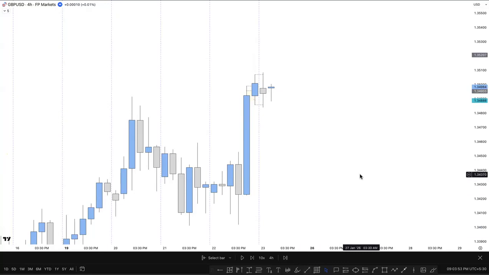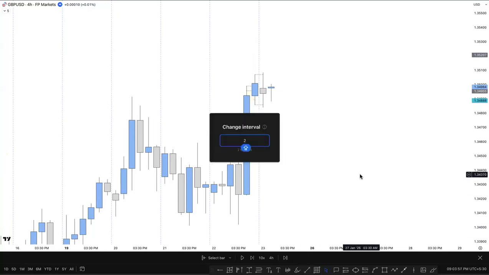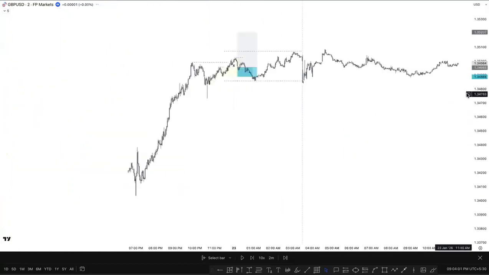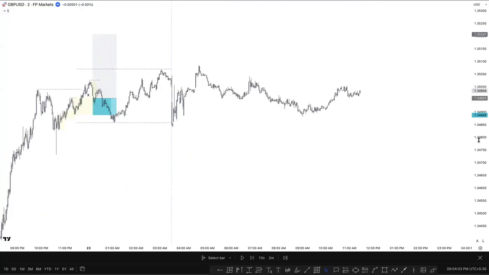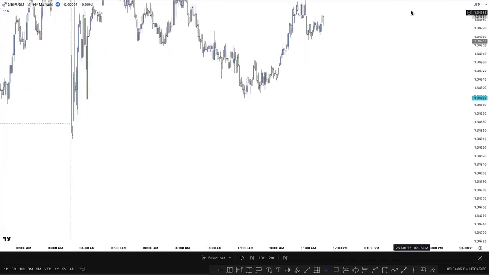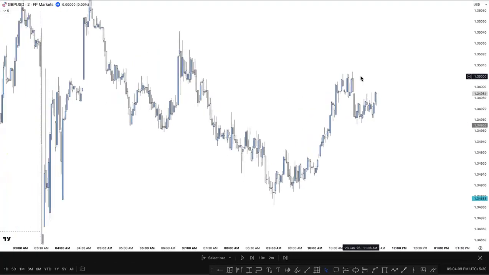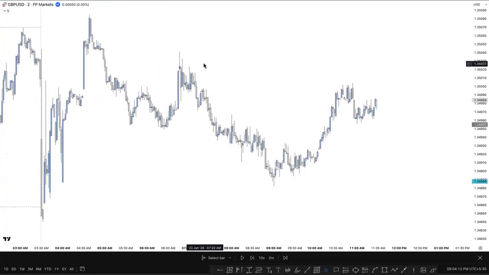So let's see how it works, just following the lower time frame structure. This is our 4-hour time frame, and now we are going to switch back to the 2-minute time frame to see exactly what is happening here. This is our 4-hour time frame candlestick to 2-minute time frame structure right here. Based on the 2-minute time frame, what are you looking for here?